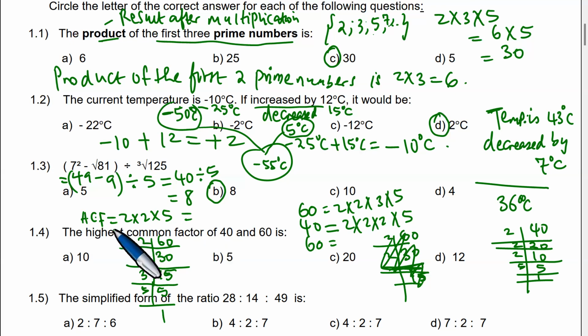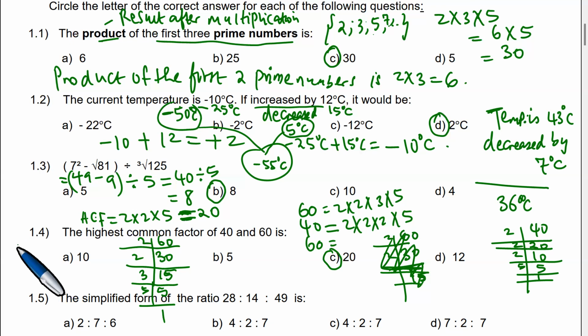So 2 by 2 is 4, by 5 is 20. So what is the answer? It is C. The highest common factor of 40 and 60 is 20.